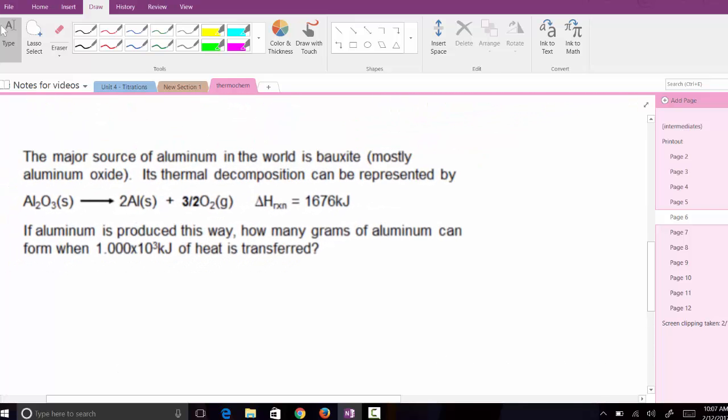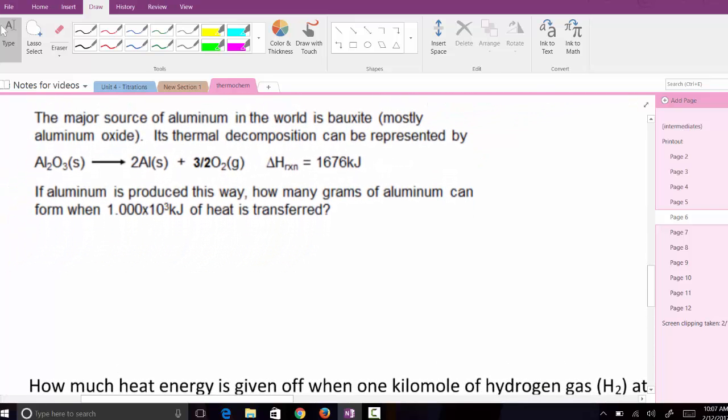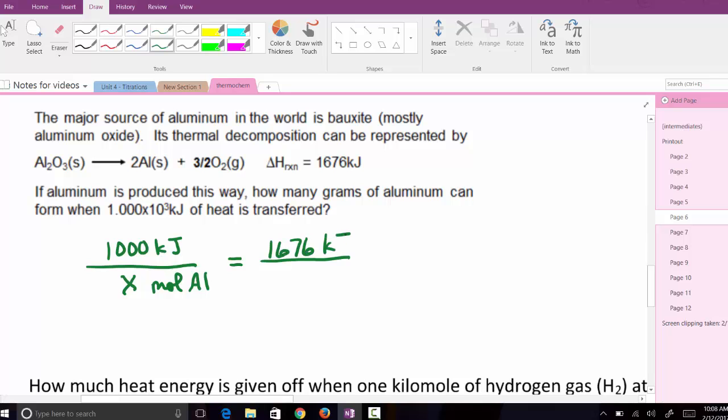All right, let's take a look at this one. Here it says I have 1,000. I want to know how many grams of aluminum can be formed when I have 1,000 kilojoules of heat. Well, my balanced equation gives me moles of aluminum to kilojoules of heat. And it says that 1,676 kilojoules of heat are needed to create 2 moles of aluminum, which goes with the balance of the equation.